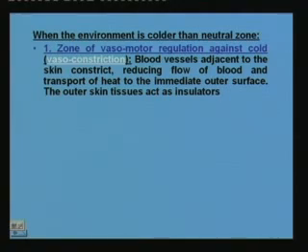Basically, how is heat lost from the core of the body to the surroundings? The blood acts as a carrying agent. As you know, blood continuously circulates through the human body. The blood carries the heat from the inside, the core of the body, and brings it to the surface, that means to the skin, and from the skin heat is lost to the surroundings.